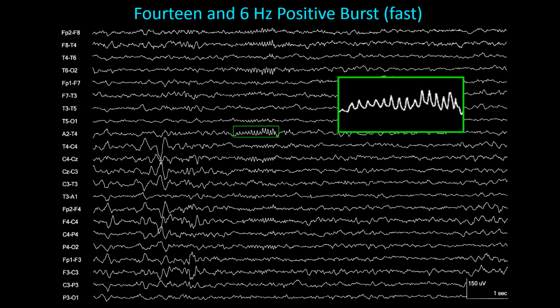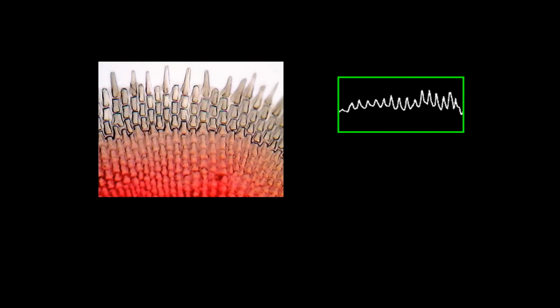In this epoch, I have highlighted and enlarged the graphoelement so you can see its configuration better and appreciate the similarity between the two structures presented in this frame.